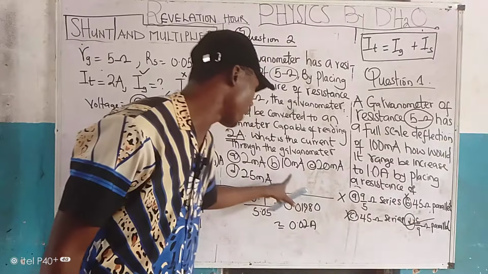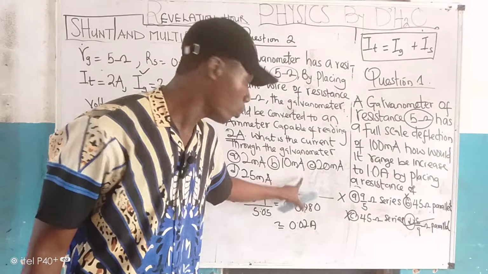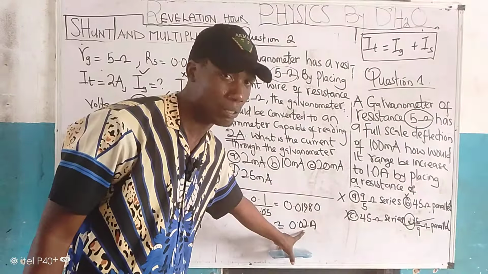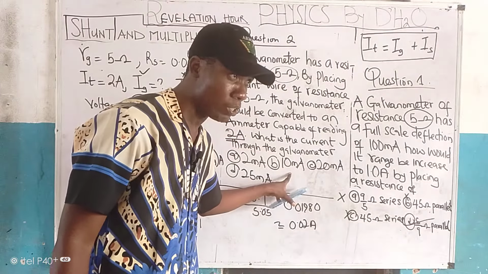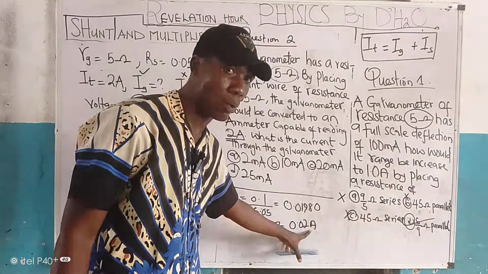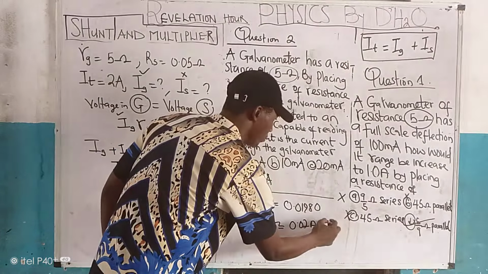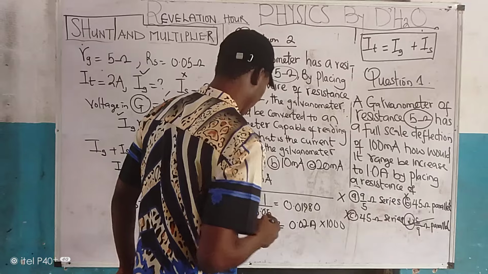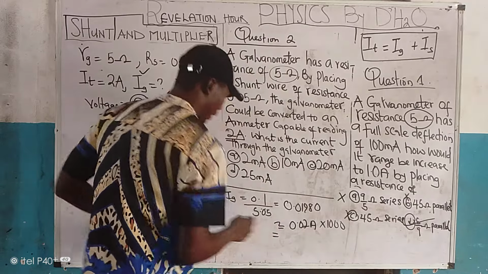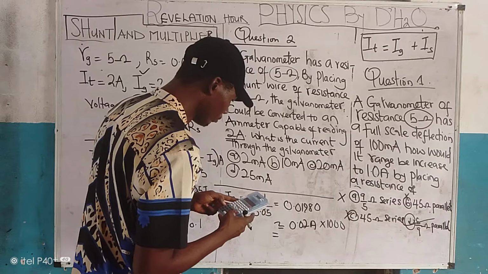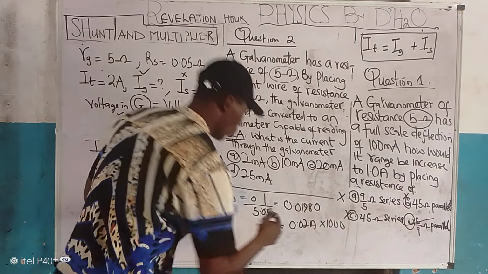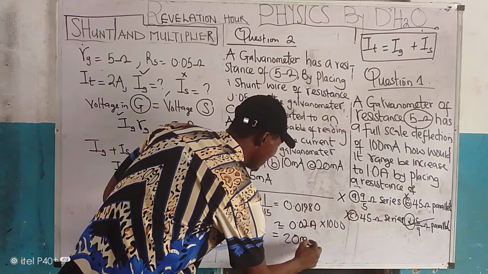But because the options are given in milliampere, we are going to multiply this by 1000. Remember, if it was in milliampere, you divide by 1000. So now that it's in ampere, you multiply by 1000. So let's multiply this by 1000. We are going to get 20 milliampere.